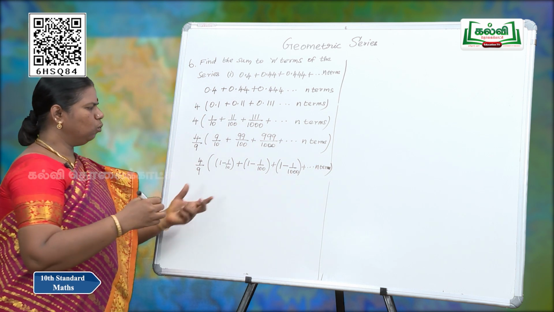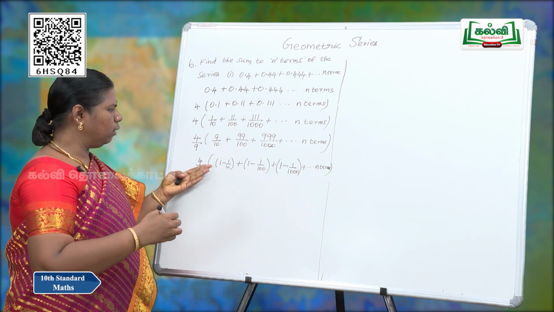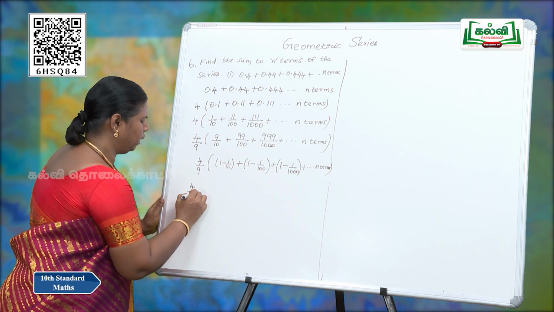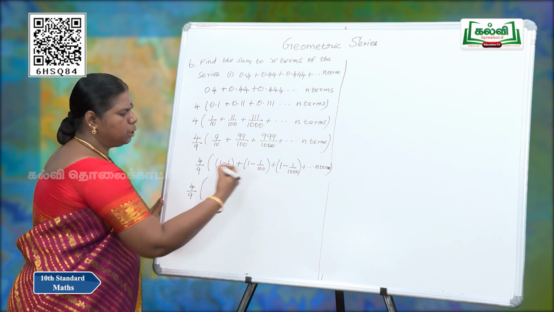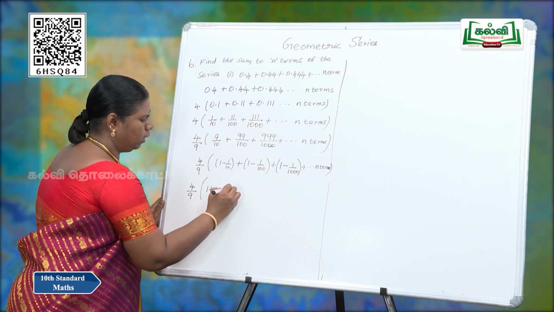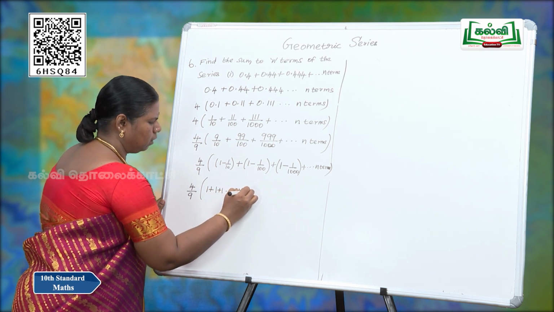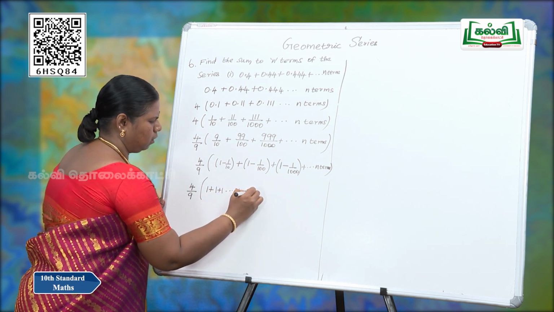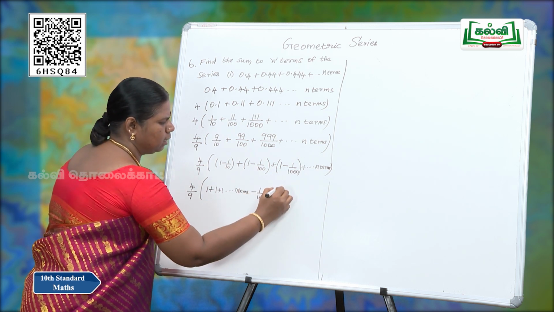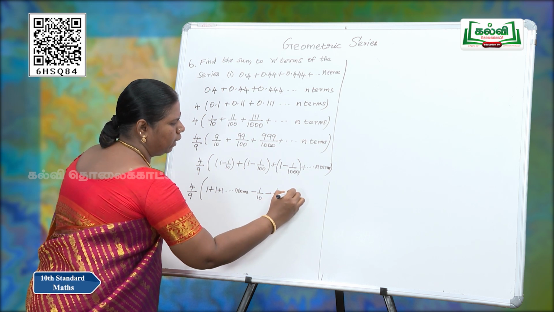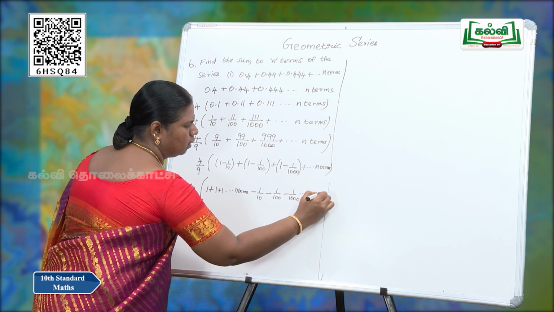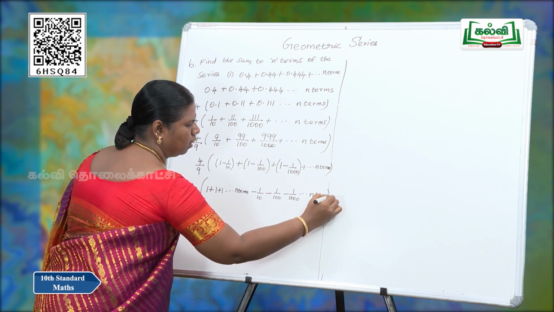Now, we have to arrange the numbers for one separately and the fractions separately. So, 4 by 9, arrange the expression like this: 1 plus 1 plus 1 up to n terms, minus 1 by 10 minus 1 by 100 minus 1 by 1000 up to n terms.